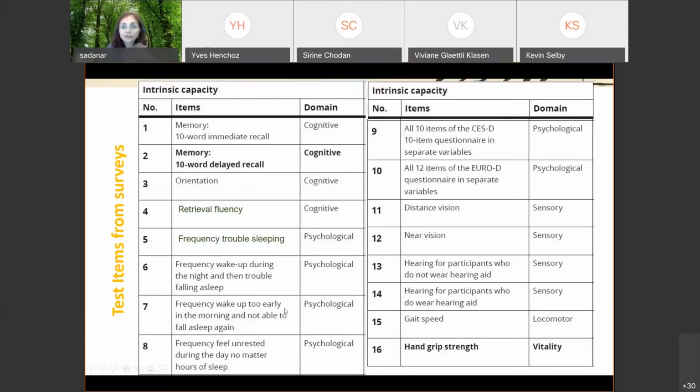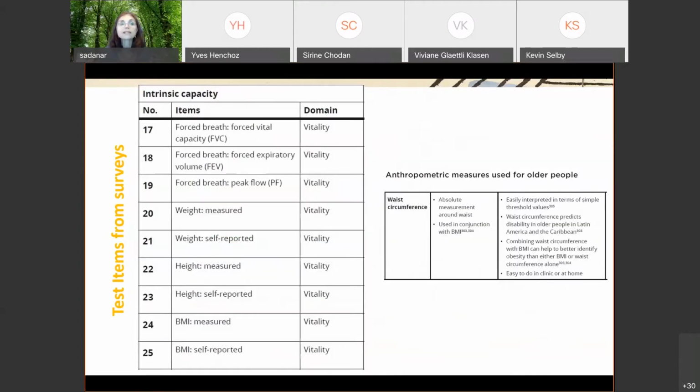For all of the items related to physical capacities, we only found one item related to hand grip strength. So even if surveys are collecting information, there is not enough commonality across surveys, or there's still a lot of missing data when we actually got the surveys to see what is the quality of data. So we had two challenges to overcome in identifying questions that could assess these different domains of intrinsic capacity.